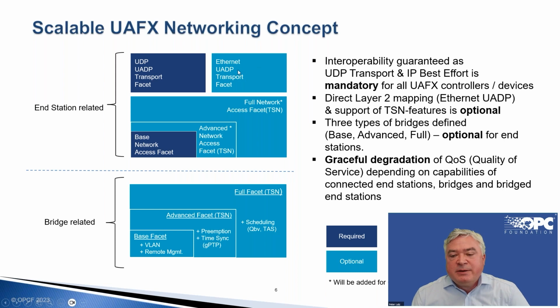On the one hand side, we find here the Ethernet UADP transport facet. This is directly mapping the OPC UA protocol, the encoding UADP, directly to layer 2. So it's not using UDP IP, and that enhances the performance and increases the efficiency that you need for, let's say, high performance automation applications.